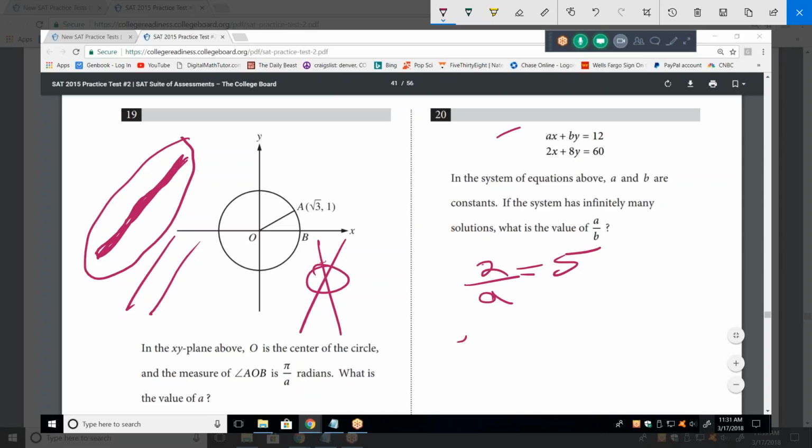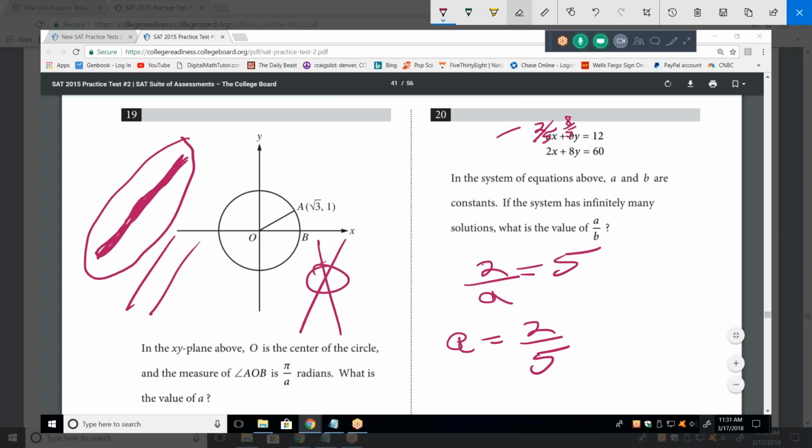Well, that means A equals 2/5. So if I made A 2/5, B has to be 20% of this. So 20% of that, or 1/5 of that, is 8/5. So that's what B is, 8/5.